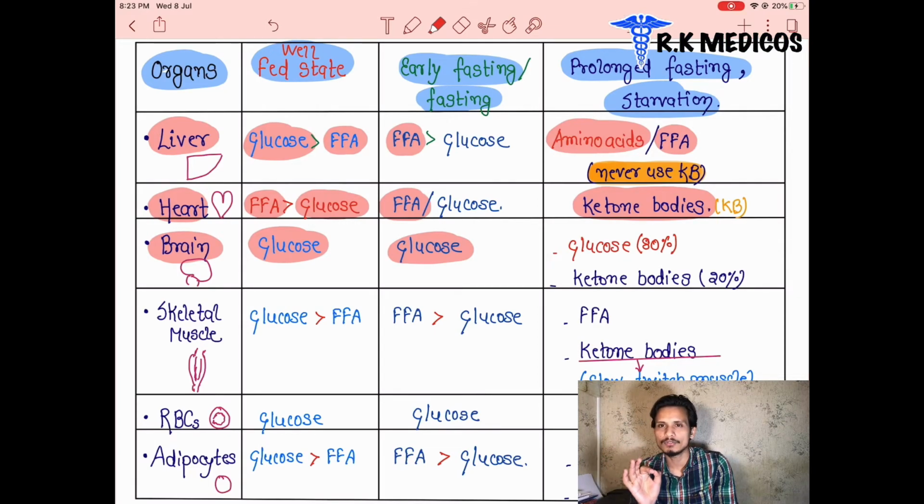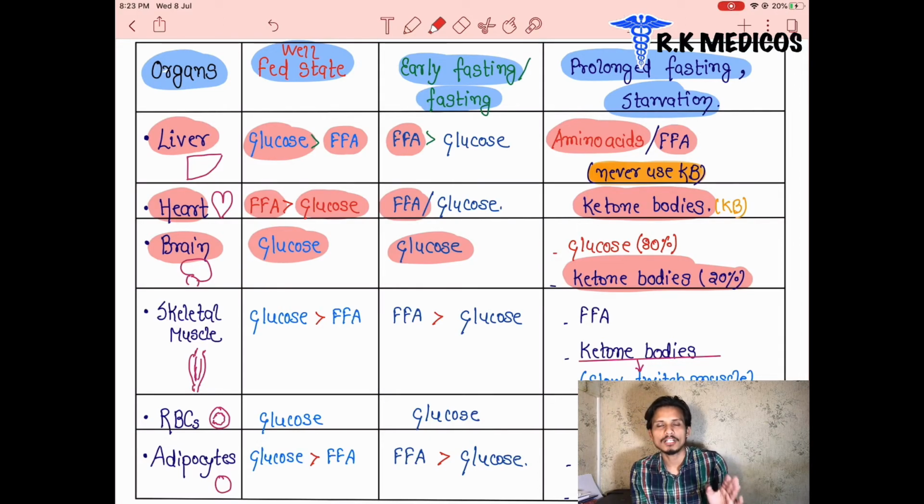In well-fed state, glucose. In fasting state, glucose. In prolonged fasting state, glucose. But sometimes, in prolonged fasting or the starving condition only, they use 20% of something, and that is ketone bodies. Only 20% ketone bodies in the starving condition only.